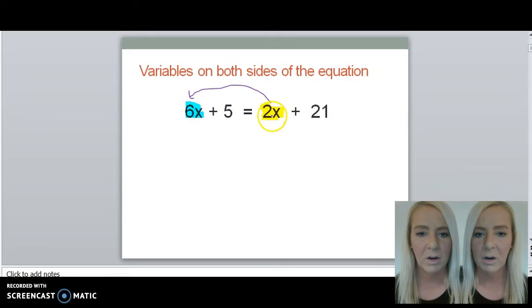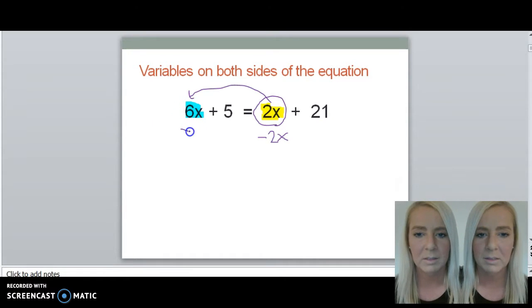In this case, in order to bring 2x to this side of the equal sign, we have to apply equation concepts. The inverse operation of positive 2x is negative 2x. So I'm going to subtract 2x from both sides of my equation.